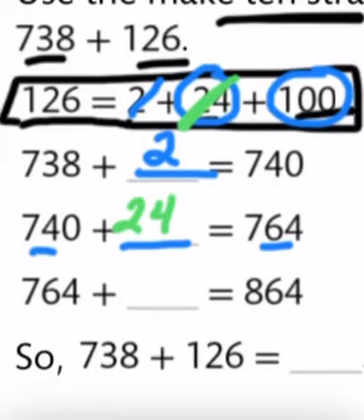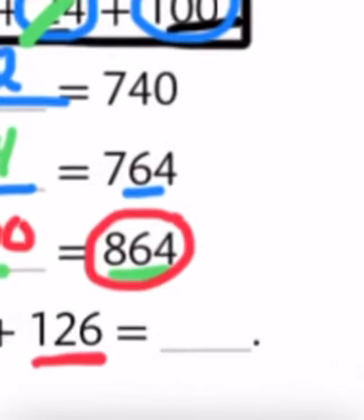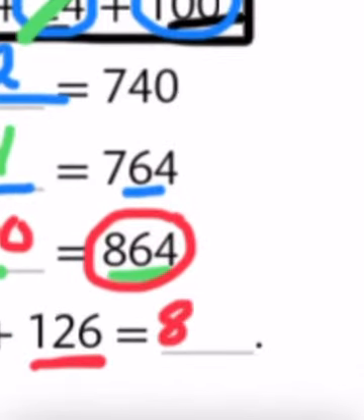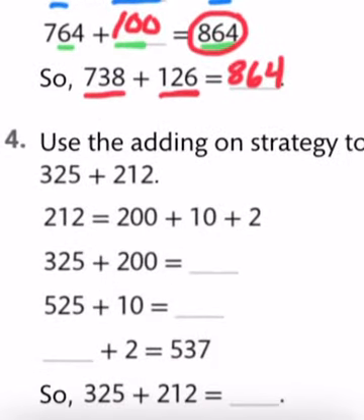And then finally, we have 764 plus something equals 864. 764 plus 100 equals 864. So 738 plus 126 equals that right there, 864. There we go. And then let's go to number 4.